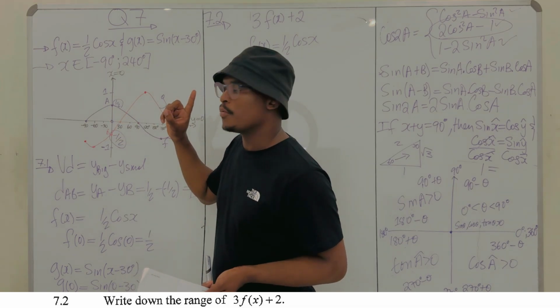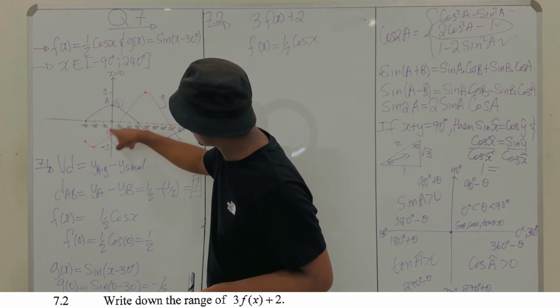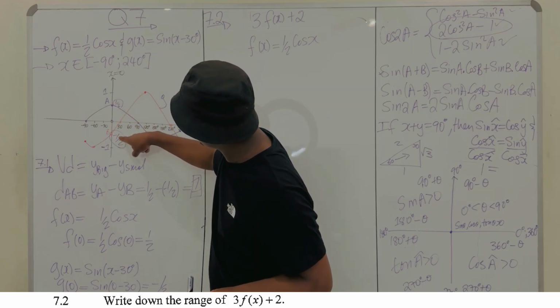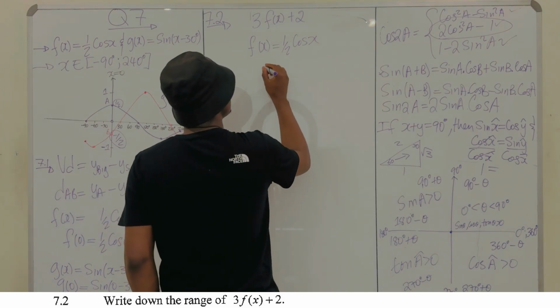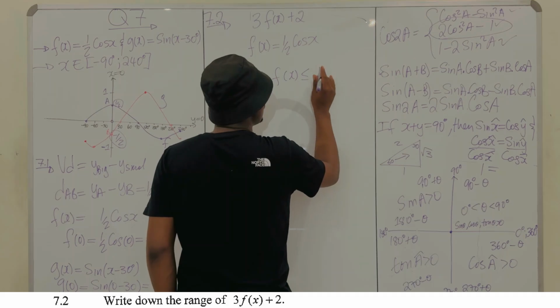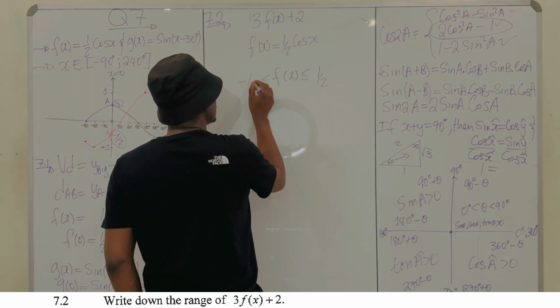And the range of your red function will be from minus 1 to 1, because you can see that it uses all the y values between minus 1 and 1 for the red one. But for the purple one, it's from minus half to a positive half. So the range of f of x should be less than or equal to 1 over 2, but greater than or equal to negative half.